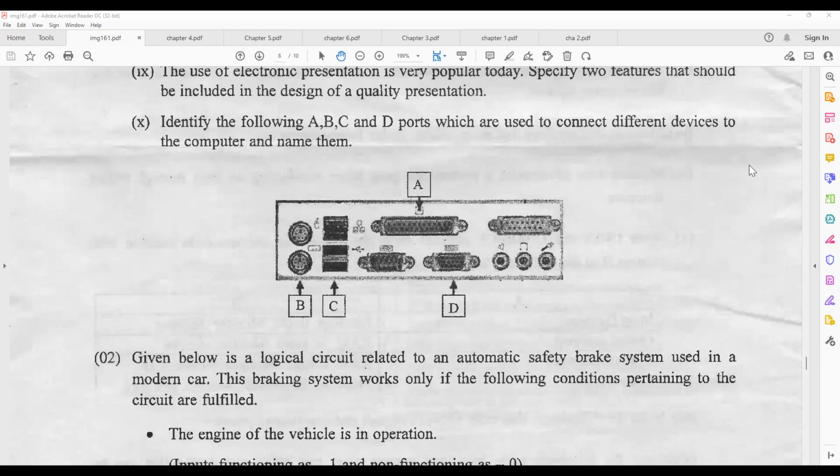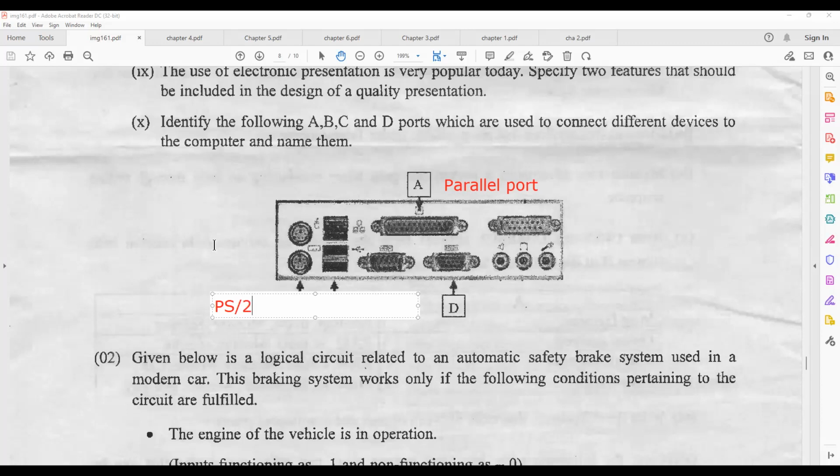So if you start with A, A is parallel port. Then B is PS2.